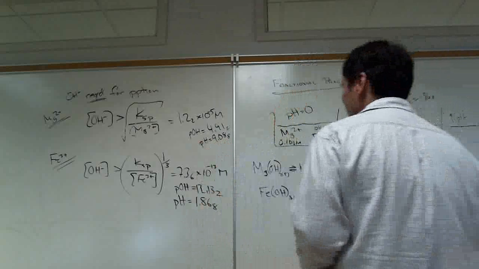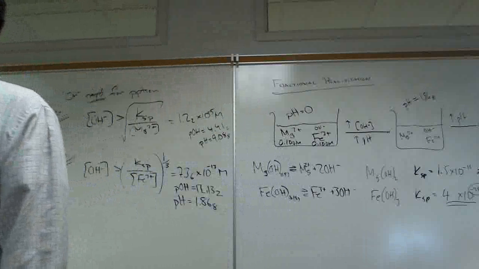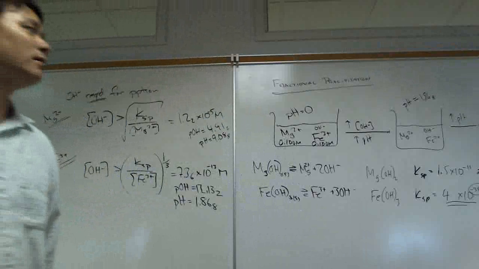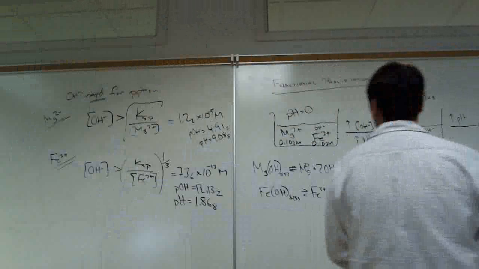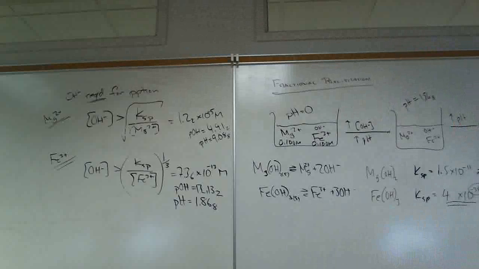This gives us a method for separating the iron from the magnesium. As we increase the hydroxide, the iron 3 must decrease in order to equal the constant. The bigger the hydroxide becomes, the smaller the iron 3 that can be sustained in solution, and the more that has to precipitate out.